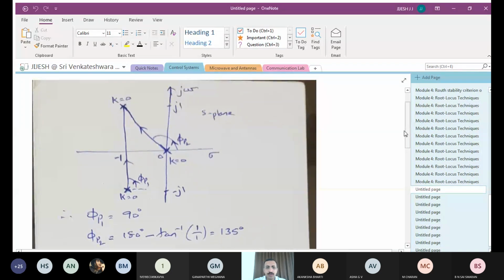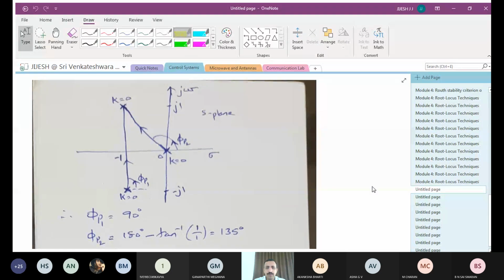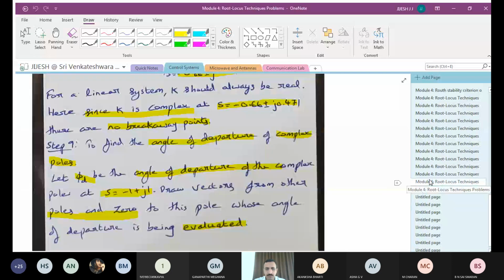As I have told you, we can plot the poles. We can see here. Now we are here to find out the angle of departure. So from step 9, let me discuss further. To find the angle of departure of complex poles, phi d, the angle of departure for s is equal to minus 1 plus j1, and the other poles and zeros, this can be evaluated.